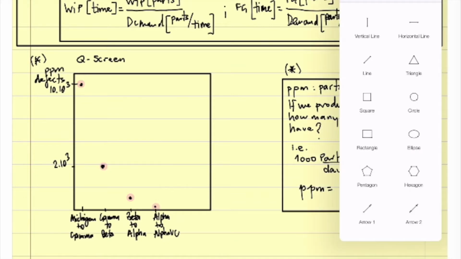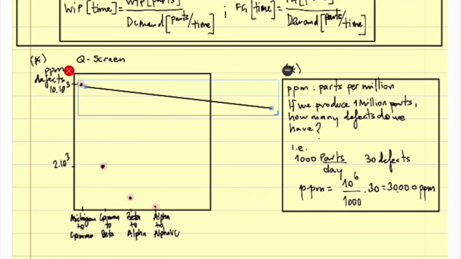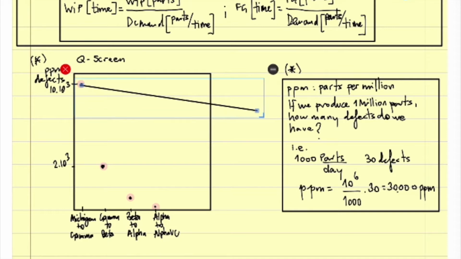So what is this screen telling us in the value stream? Can somebody tell me?